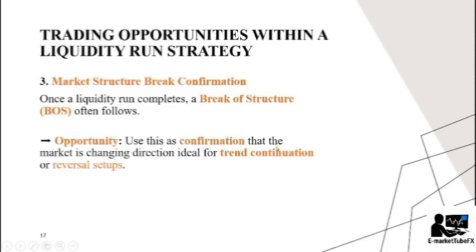Opportunity: use this as a confirmation that the market is changing direction, ideal for trend continuation or reversal setup. So as and when there is a liquidity sweep, there is always a break of structure. So when there is a break of structure, use this as a confirmation that the market is changing direction, ideal for trend continuation or reversal.